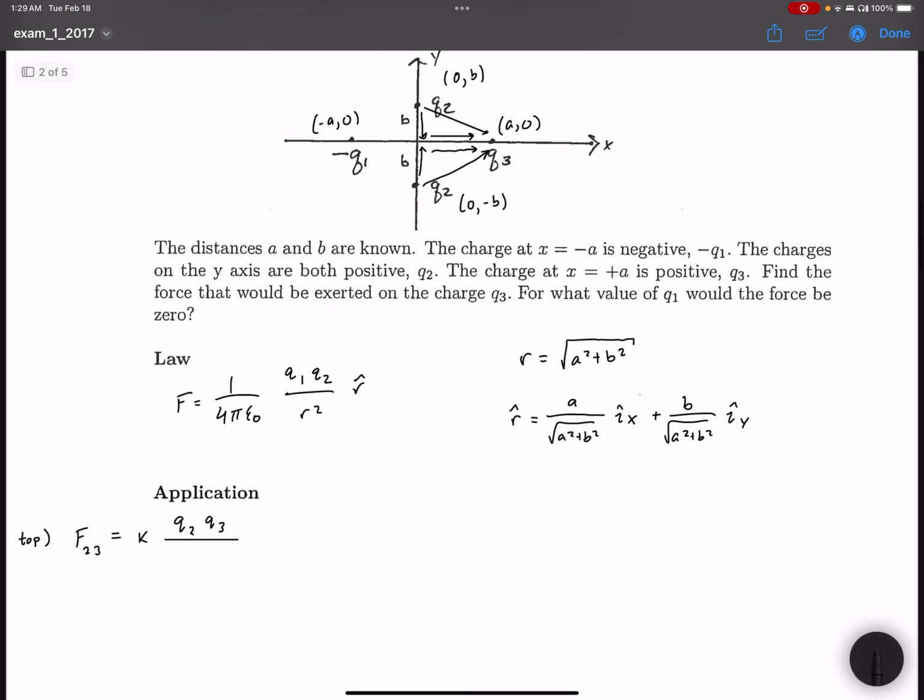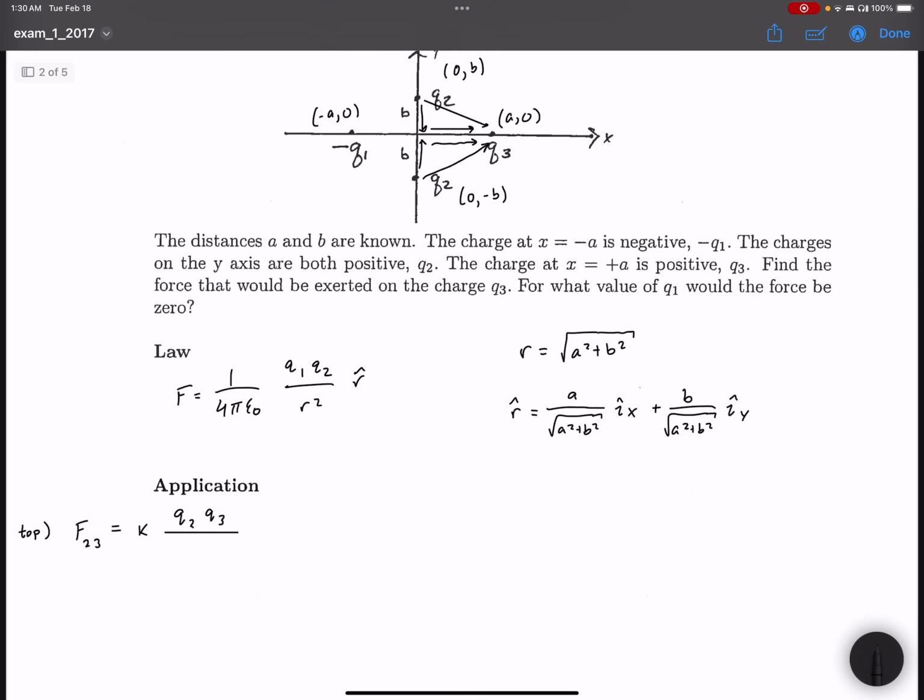So we've got the things that we need the most. We're going to plug R into that, and so that would just be A squared plus B squared, and then we can go ahead and make this 3/2.